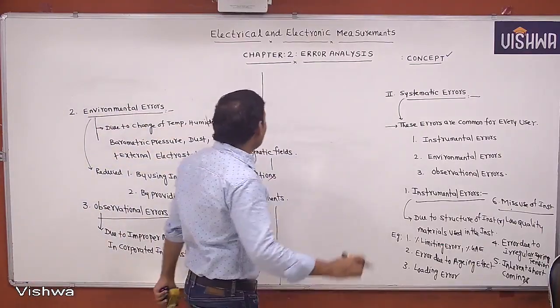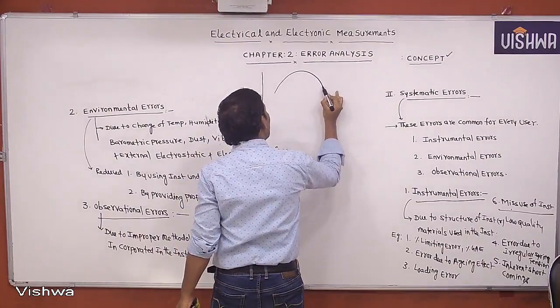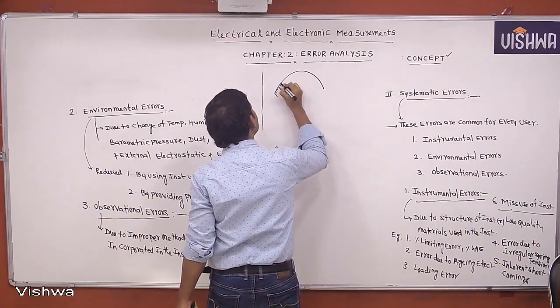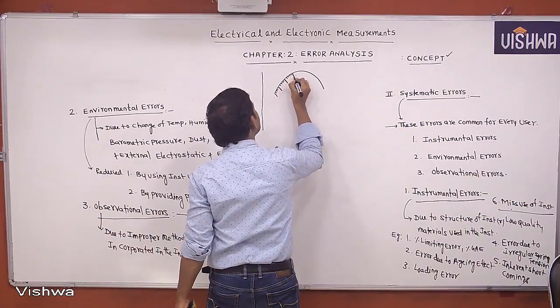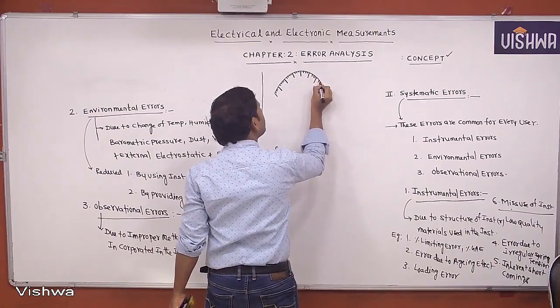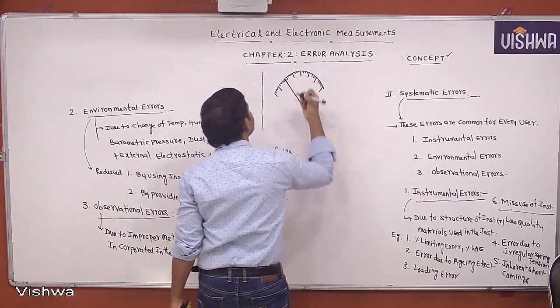In any analog instrument there is a scale and pointer movement. The pointer is moving on the scale.